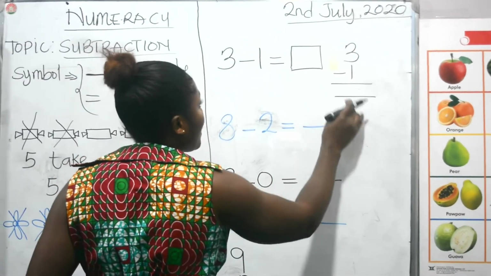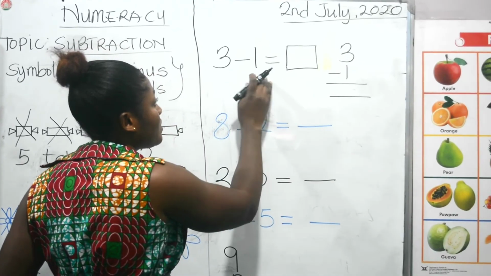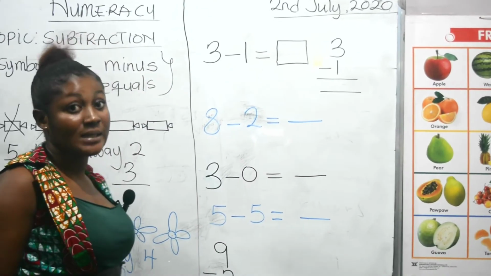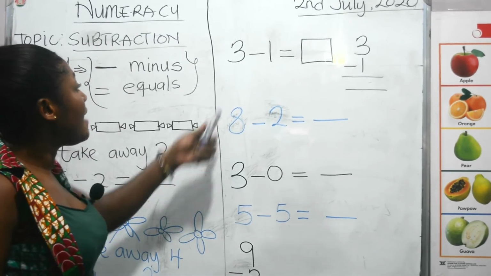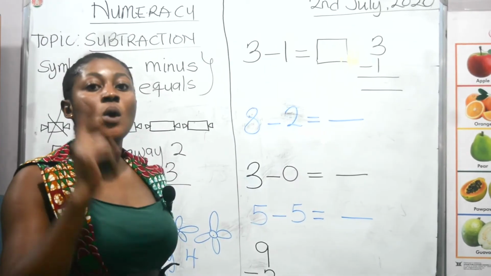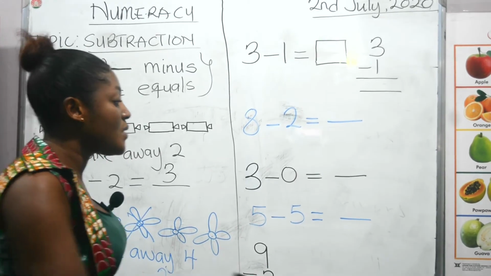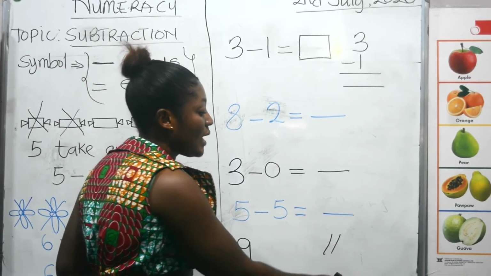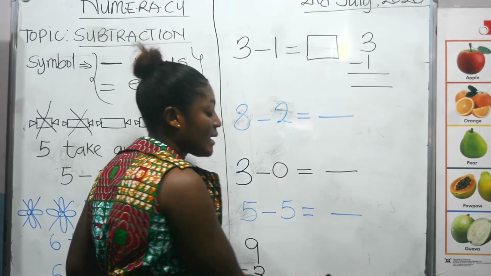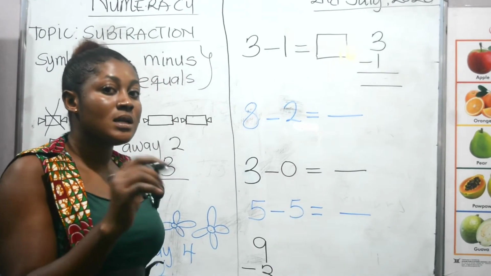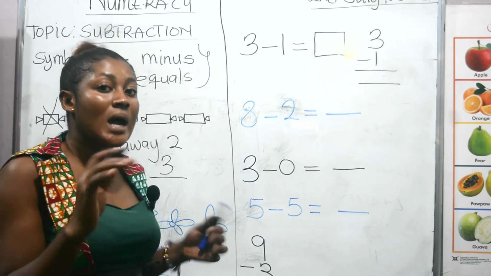Do you understand? So now here, I have 3 and I'm going to take away 1 from it. So this time around, as in addition, we're using strokes. So now we are going to use circles, small circles, to represent our toys or our numbers.